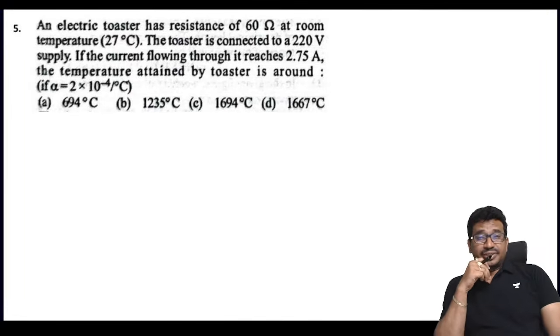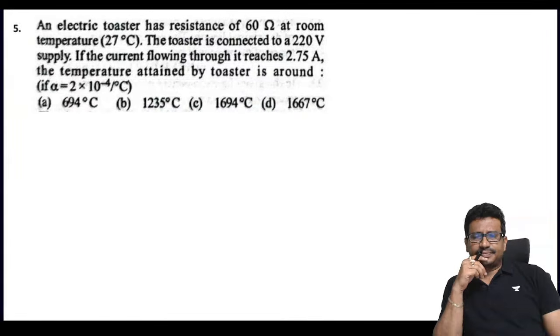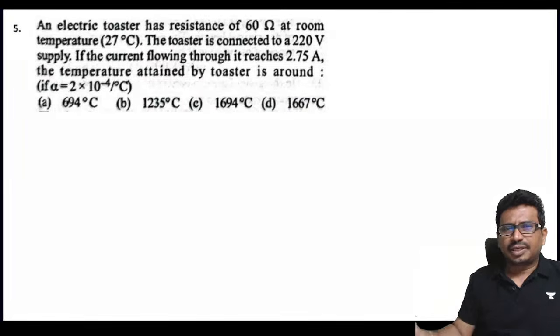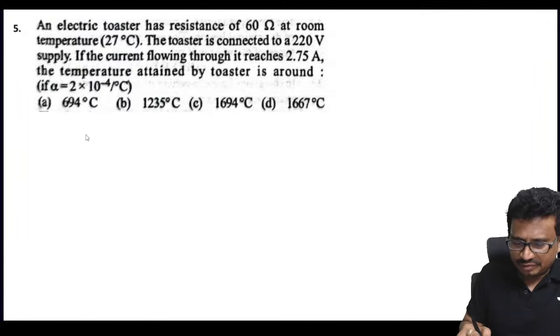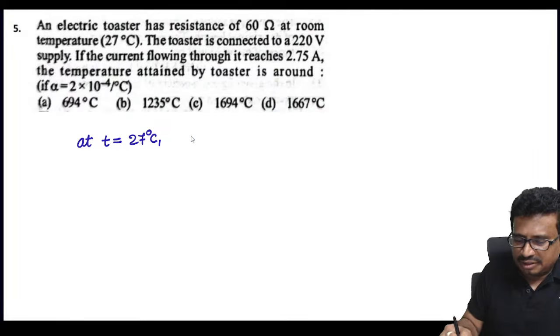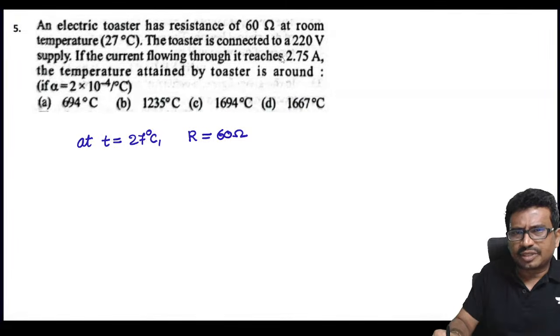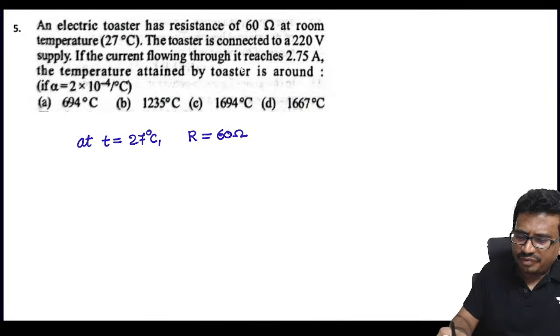An electric toaster has resistance of 60 ohms at room temperature, at temperature T is equal to 27 degrees Celsius. The resistance is given as 60 ohms. Now when it is connected to a source of supply 220 V, the current flowing is given.